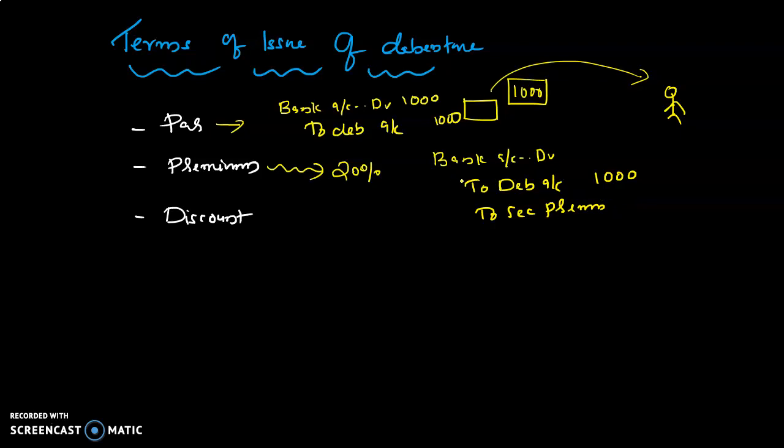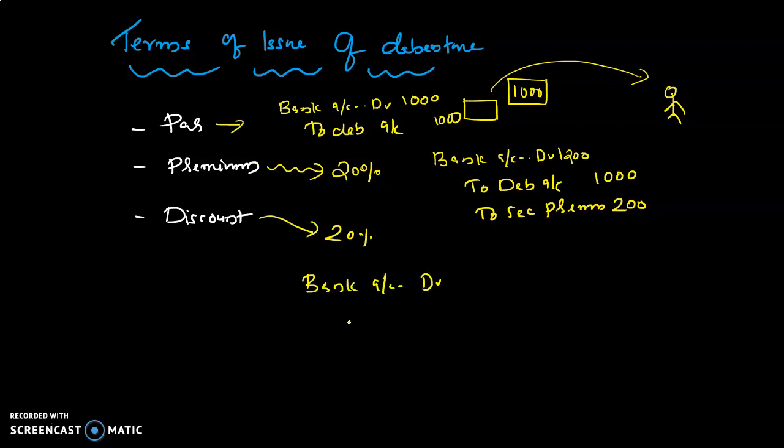Then the 20 percent premium comes to 200. So the total amount debited in the bank account will be 1200. Concept clear?